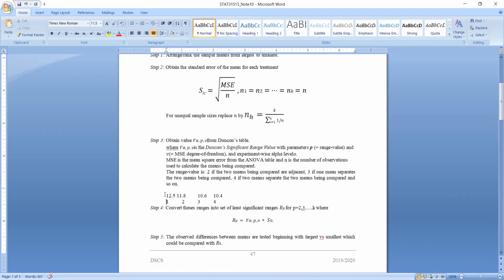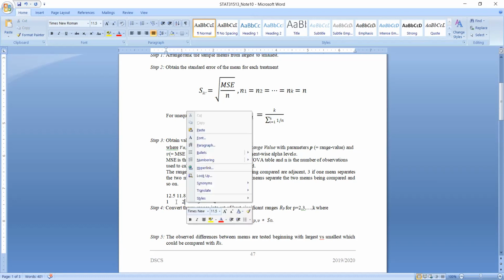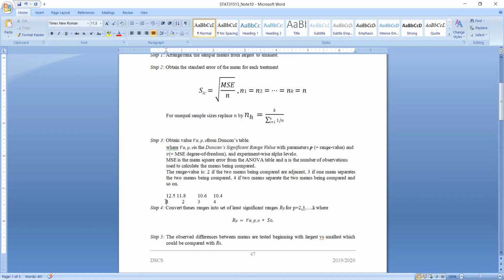So let's say you take two consecutive mean values, 12.5 and 11.8. When you compare these two, the rank of the first observation is 1 and the rank of the second observation is 2.